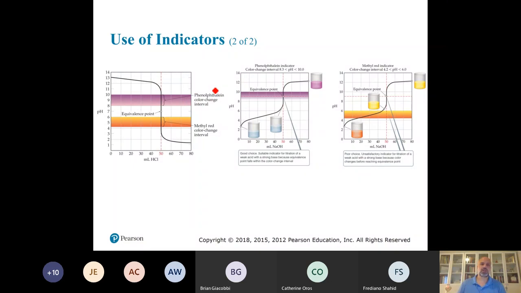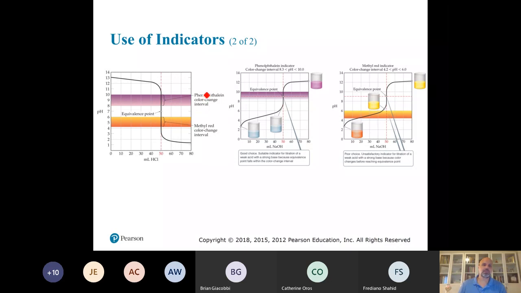When we have a strong acid reacting with a strong base, this is the first example here, a strong acid, strong base reaction. The reaction that occurs can cover the pH change of both of these indicators.